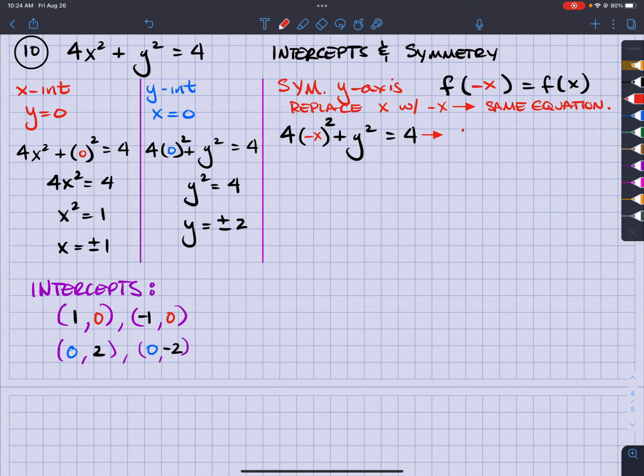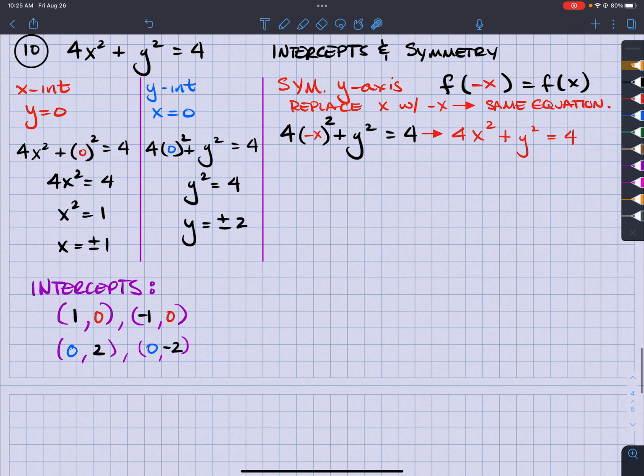I'm going to have 4x squared plus y squared is equal to 4. If you look at this compared to the original equation, it is exactly the same. So that tells me that I have symmetry about the y-axis.